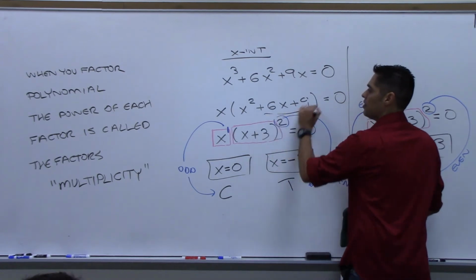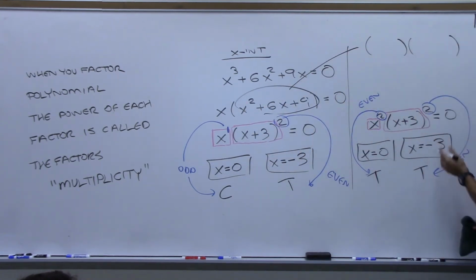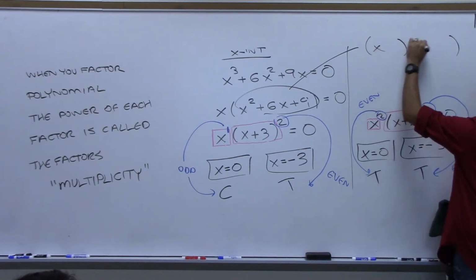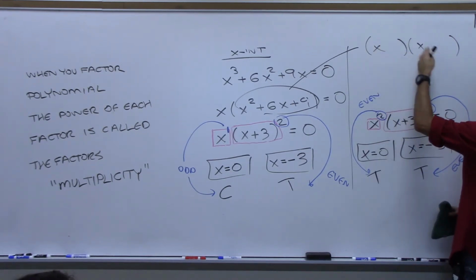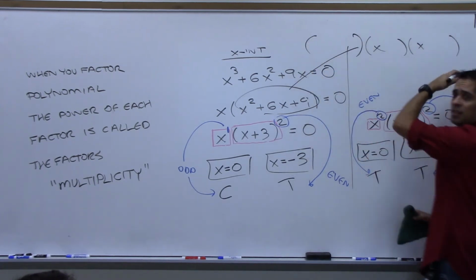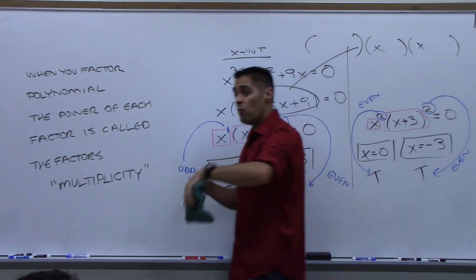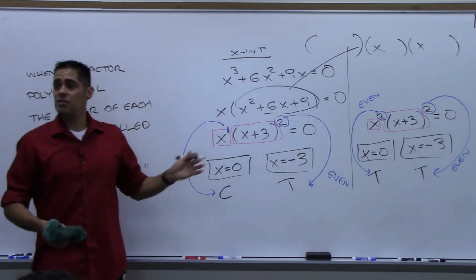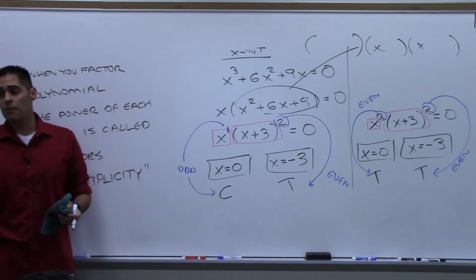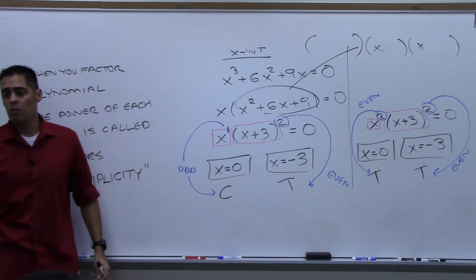You know that it could only be 2 factors, because x and x would be x squared. You couldn't have 3 factors or else this thing would be x cubed. So if you ever use the quadratic formula for solving the x-intercepts, the multiplicity will be 1 for each one, and you will definitely cross through those. Good question.